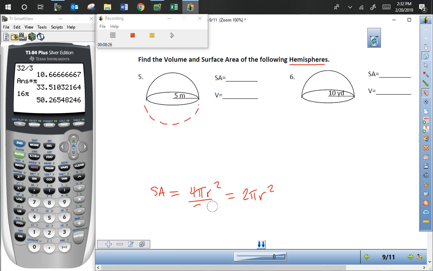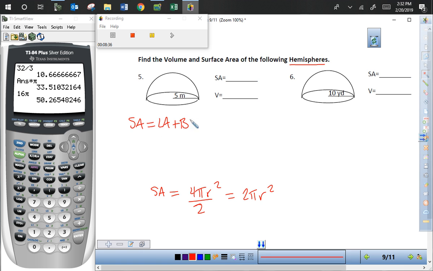Remember from your formulas before that when we're dealing with surface area, it's always going to be lateral area plus some number of bases. Well, this 2 pi r squared is our lateral area. We still have to talk about that bottom part that was not on the outside of our original sphere. That bottom portion is a circle, so we add area of the base of a circle, pi r squared.